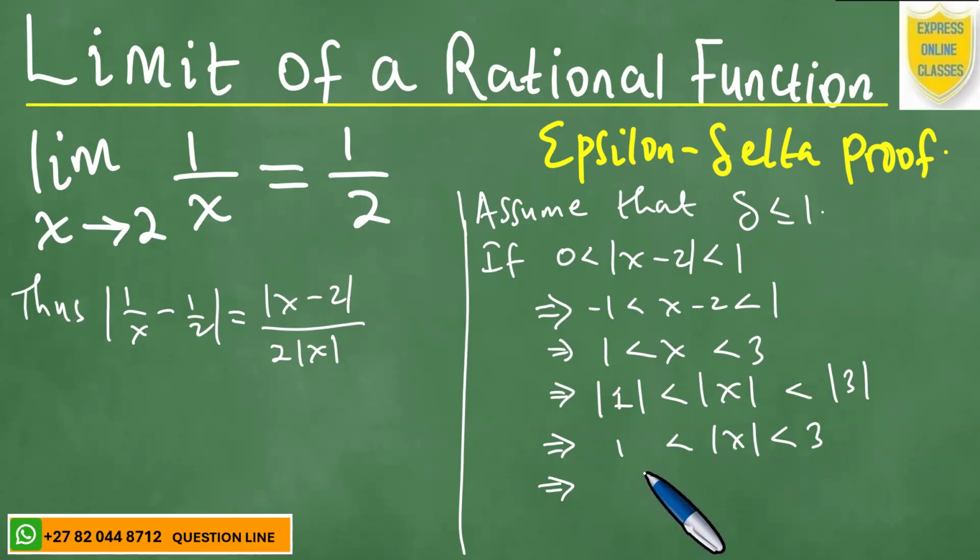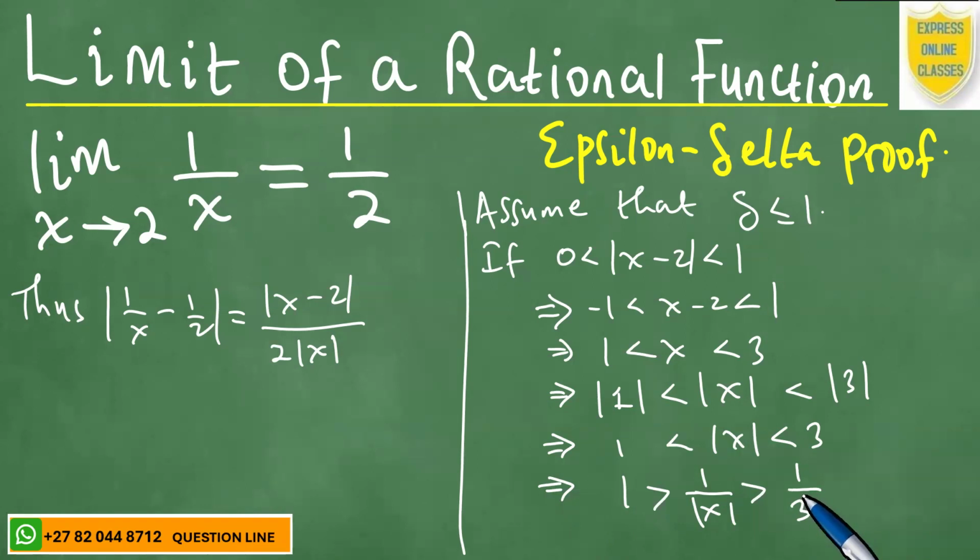If you take the reciprocal of this, 1 over the absolute value of x is bigger than 1/3.